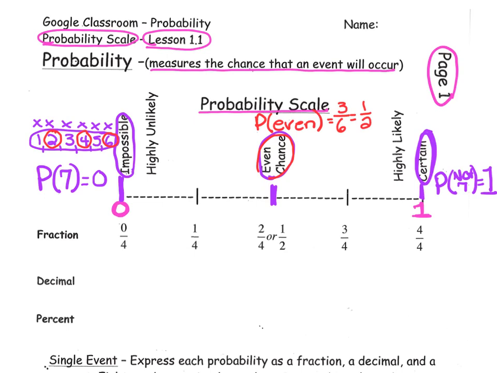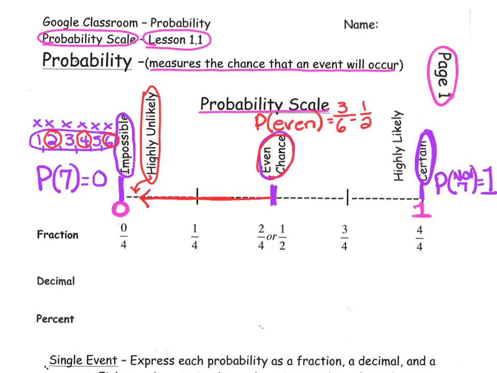As you move closer to 0 on the probability scale, we see the chance of that particular event becomes less and less. In fact, the closer you are to 0, the more unlikely an event is to occur. That is called being highly unlikely.